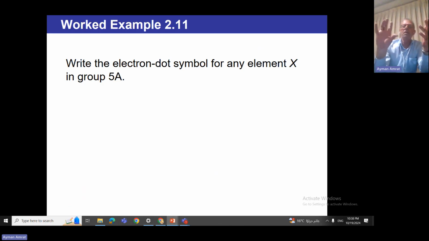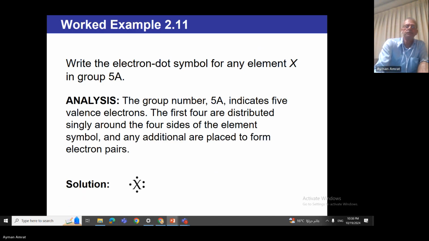After 4, the 5th electron should be paired. So the result is 1 pair and 3 unpaired electrons, like this. This is the solution. This element X has 3 unpaired electrons and 1 pair of electrons.